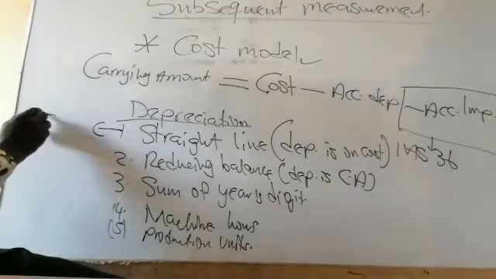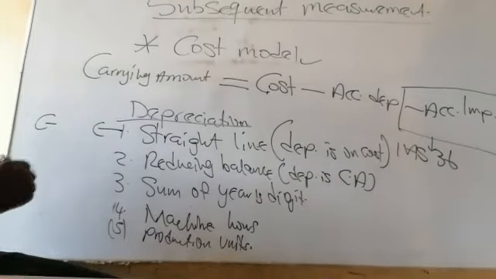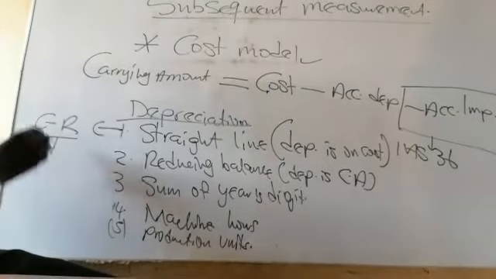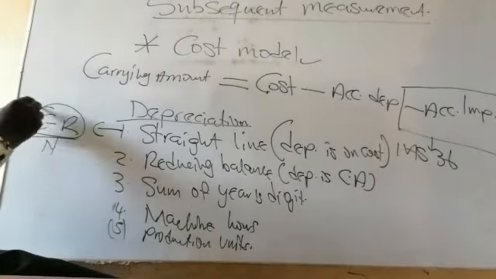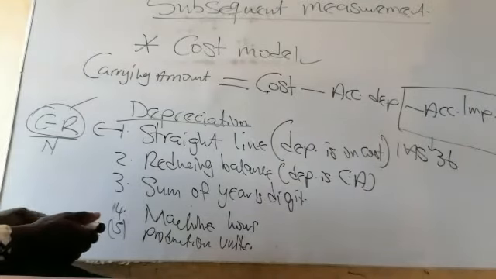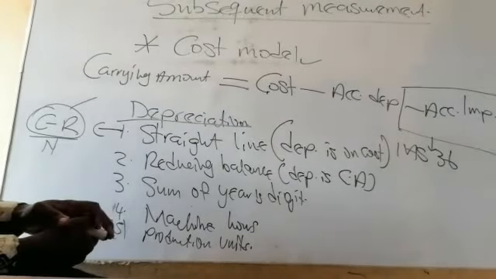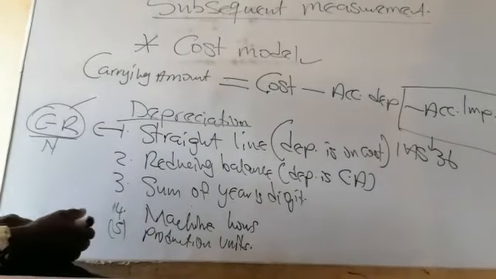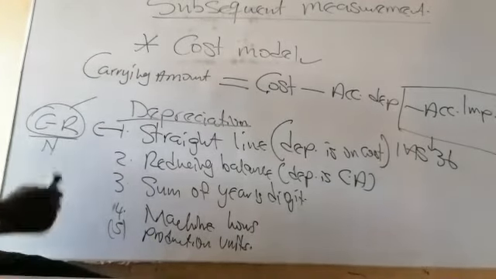Straight line is cost of the asset less the scrap value, all divided by the number of years. The cost minus the scrap value is what we term as what? The depreciable amount that will suffer depreciation. The depreciable amount is the cost less the scrap value or residual value.